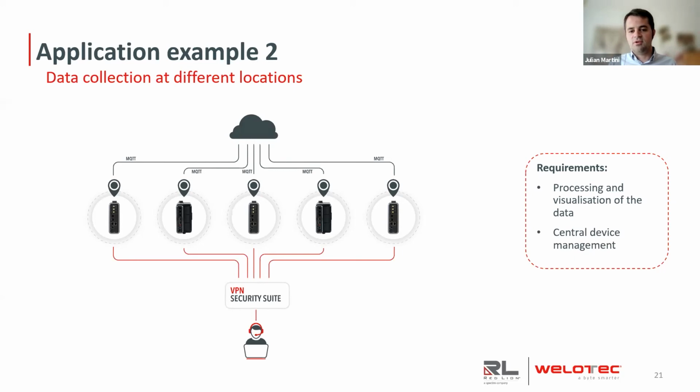This kind of setup also allows you then to, as explained, remotely access for different purposes, right? You might want to update the firmware of only 1 location, because there's a bug, or you have a security update for all devices that you release centrally through the platform of Welotec, or you have a new machine that you just delivered to a customer, and we are still in a production ramp-up phase, for instance.